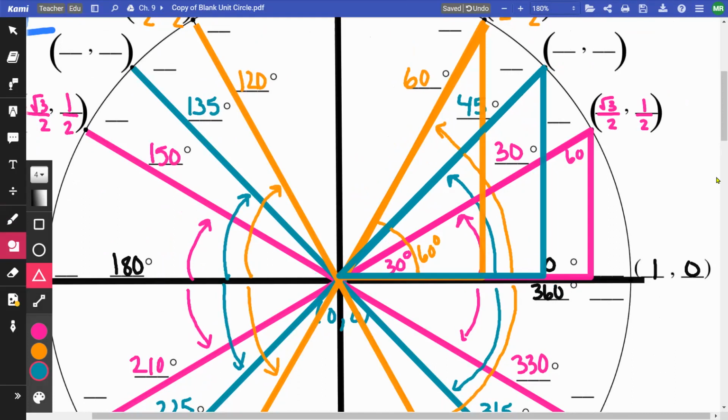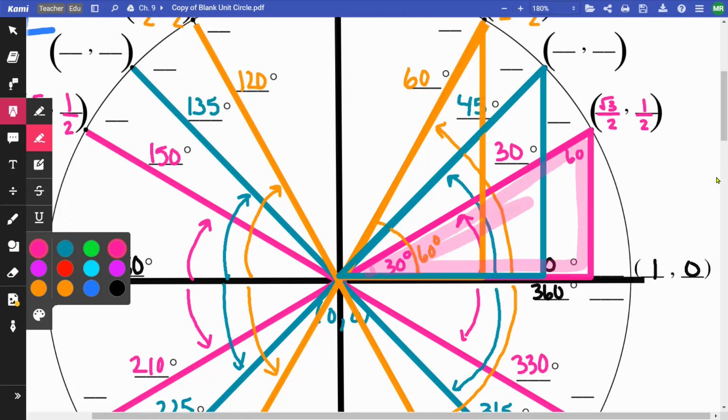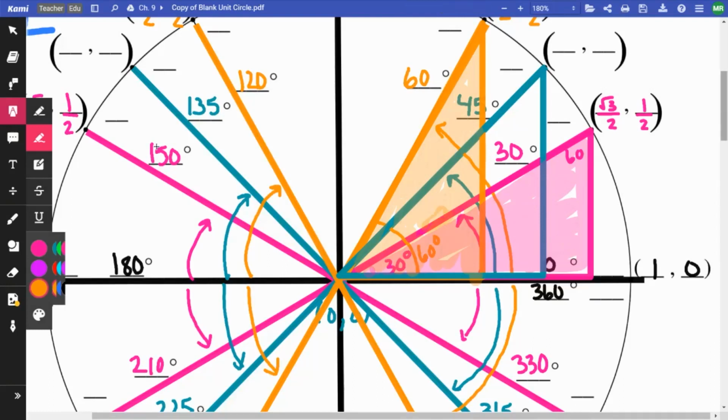And I'm just going to maybe make it a little easier for us if I shade this in. That's my orange one. I'm using the freehand highlight.